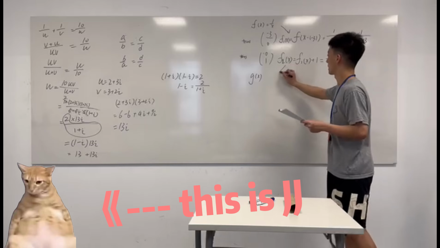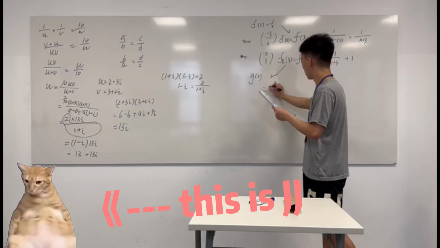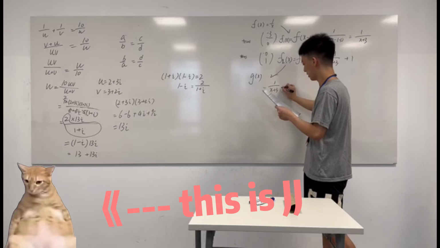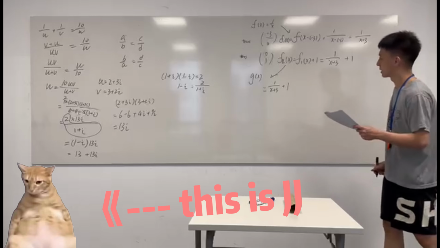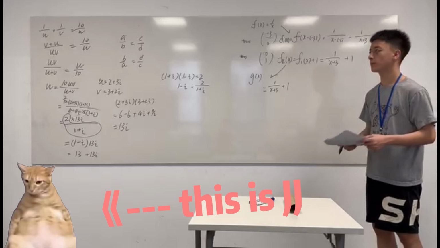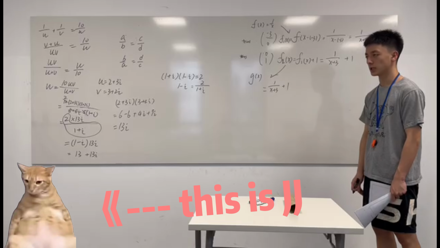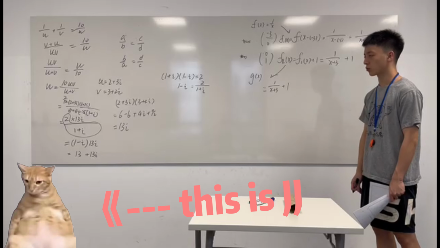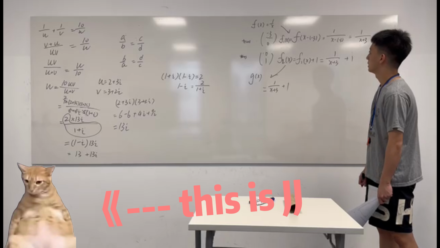Therefore we get g(x). So we know that g(x) is equal to 1 over x plus 3, plus 1. So this question is just basic, the way to translate the graph of a function like that.